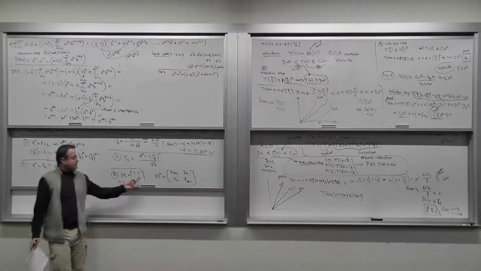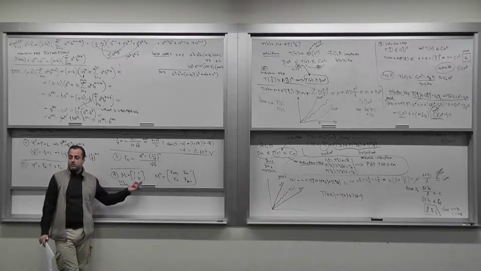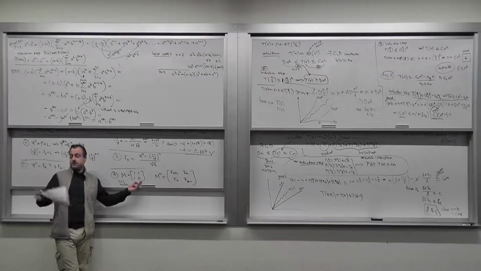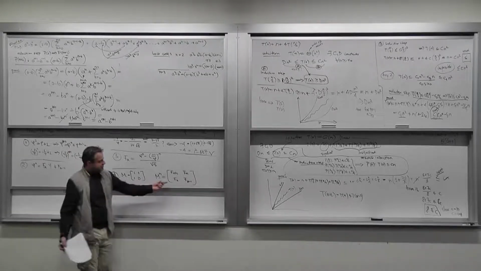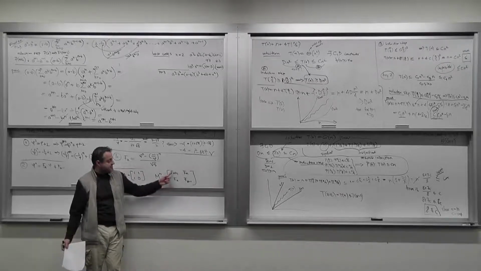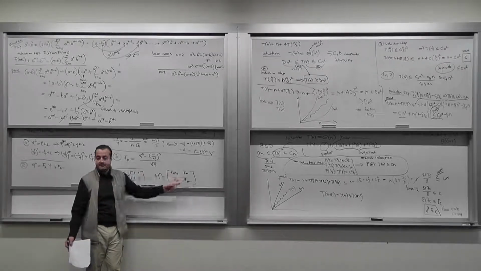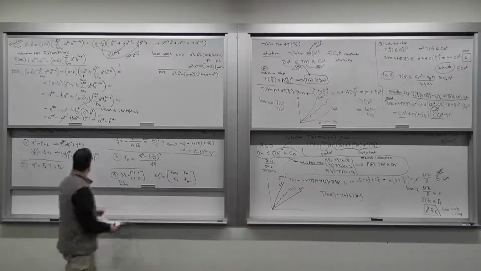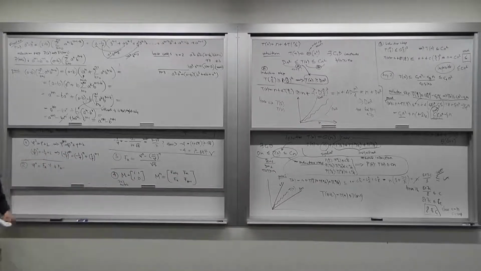So does everybody know how to multiply 2 by 2 matrices? If I multiply 2 by 2 with itself, what do I get? What size? 2 by 2. And if I do it again with itself, it's 2 by 2. It's always 2 by 2, right? So I'm going to show that this matrix multiplied with itself actually has Fibonacci numbers in its cells. So that's what we want to do. Those 4 things.